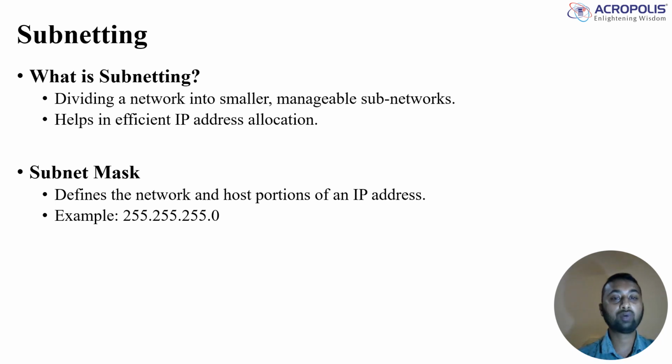Example: subnet 1 is 192.168.1.0/25. Subnet 2 is 192.168.1.128/25, which means we are dividing into two parts for the network ID.